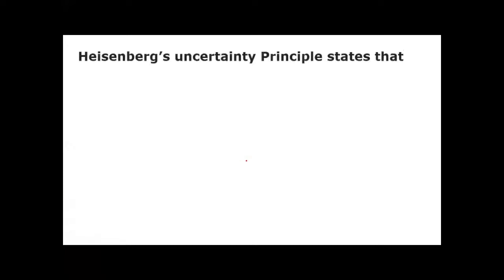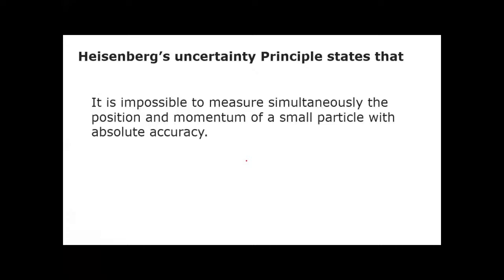He gave a principle known as the Heisenberg uncertainty principle. It states that it is impossible to measure simultaneously the position and momentum of a small particle with absolute accuracy.